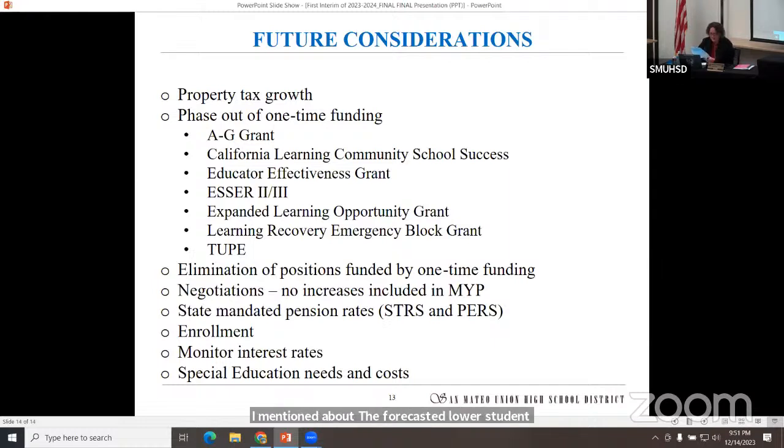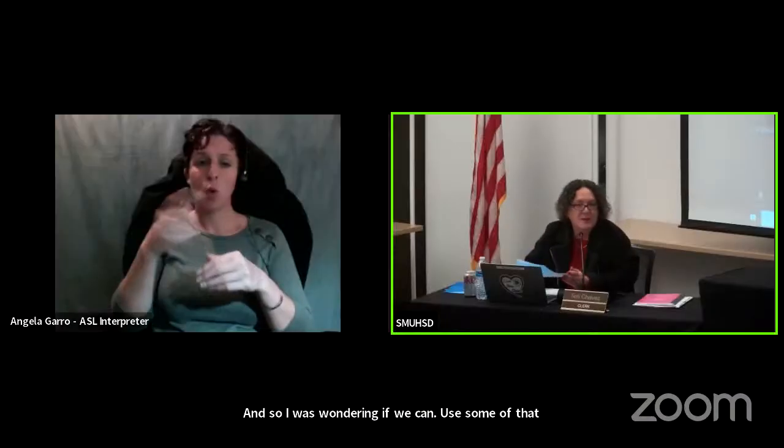If we have lower student enrollment, there should be some natural attrition that might not happen right away, but a few years into that, if teachers retire or move, maybe there's less of a need to backfill some positions because of the forecast of low enrollment. So I was wondering if we can use some of that offsetting to offset part of this, so that we're not reducing other areas.